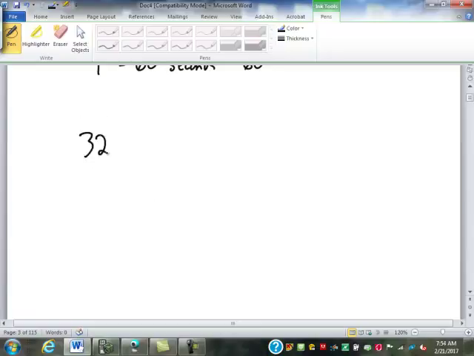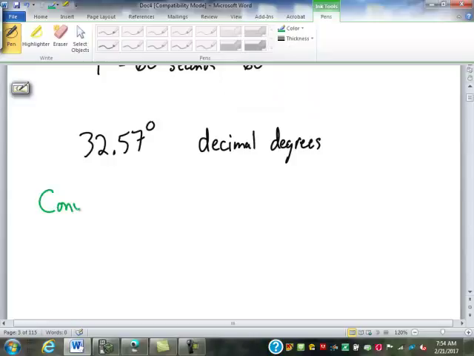So I have 32.57 degrees. That is what we refer to as decimal degrees. I want to convert to degrees, minutes, and seconds.